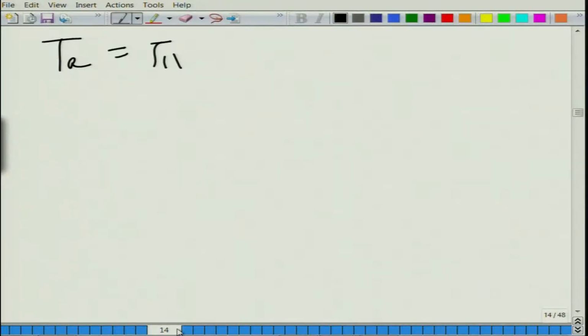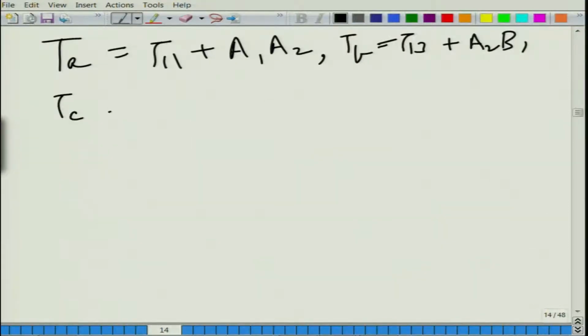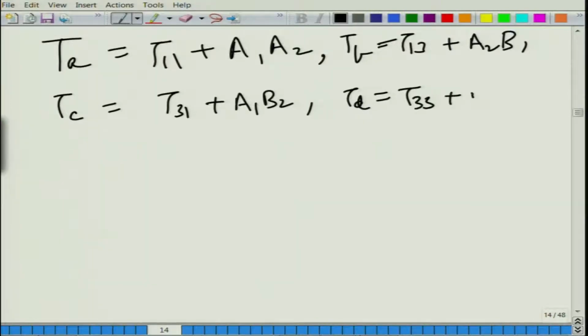So, I am just writing down the equations, and we need to introduce a few more variables which basically come from the previous lecture 3. Once we simplify these things, you will be able to get it. So, this is like this. T b is your A2 B1, T c is your T31 plus A1 B2, and T d is your T33 plus B1 B2.